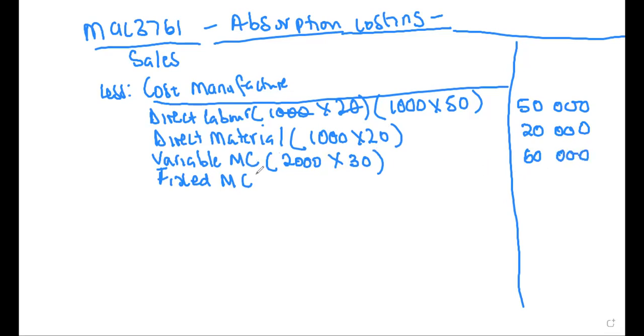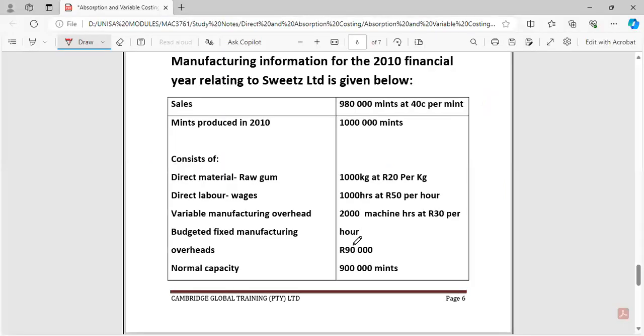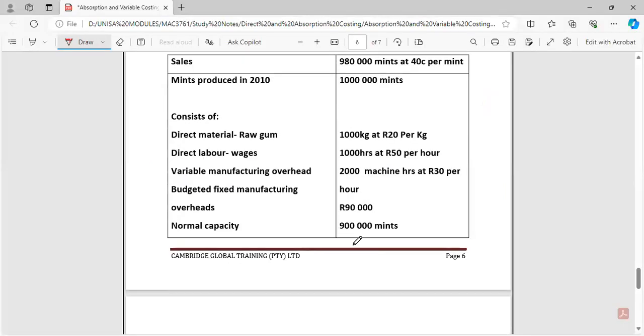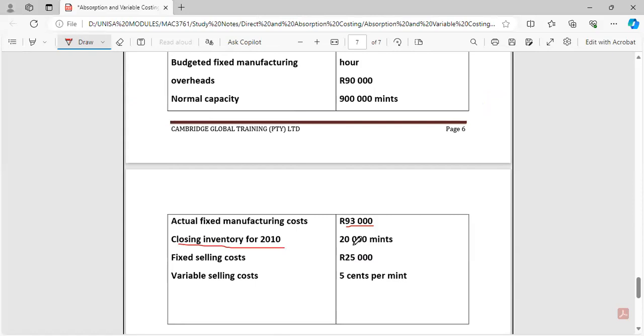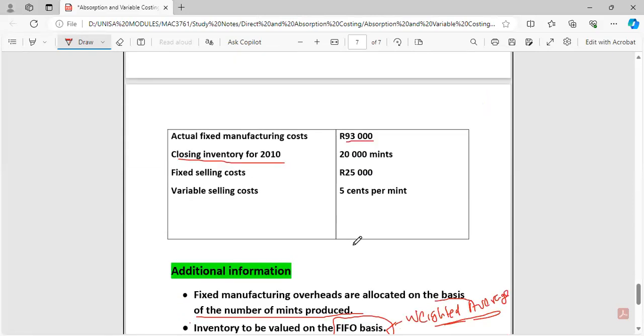Right. Then let's calculate our fixed manufacturing cost. When we calculate our fixed manufacturing cost, we should be guided by this statement.